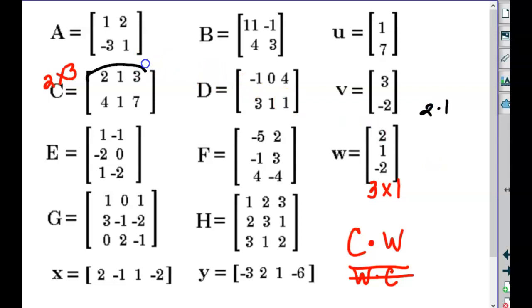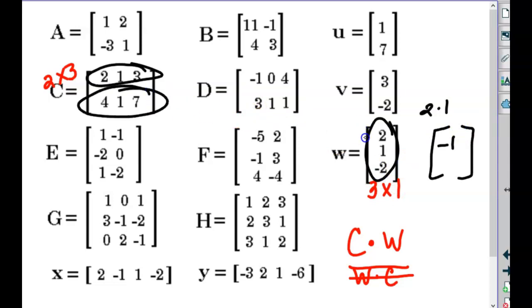Okay, so we would have this times this. 2 times 2 plus 1 times 1 is 4 and 1 is 5, and negative 6, we get negative 1. And then this row times all of that would be 8 plus 1 minus 14. Negative 5 maybe? Okay. I didn't realize I was almost out of time, guys.